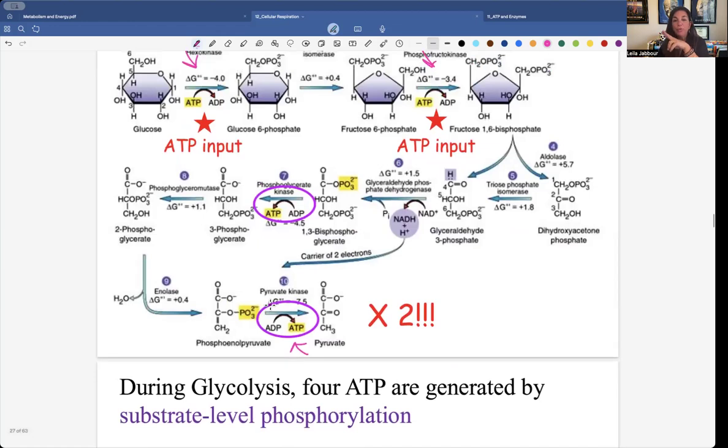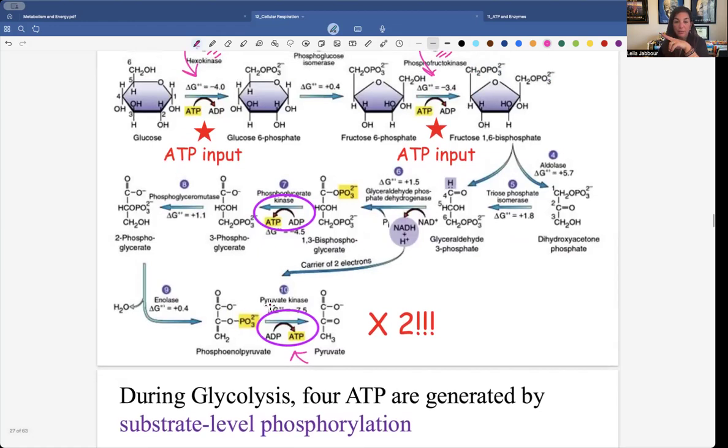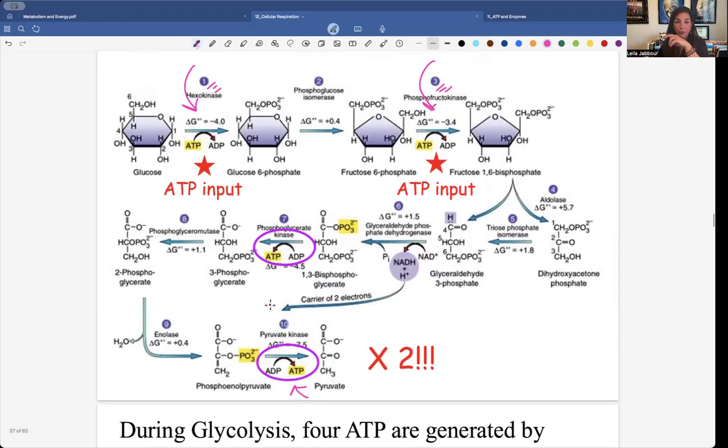Okay, so we have 2 ATP that are being produced for every G3P over here. So this is a G3P. For every G3P, we have 2 ATP molecules and 2 pyruvates.